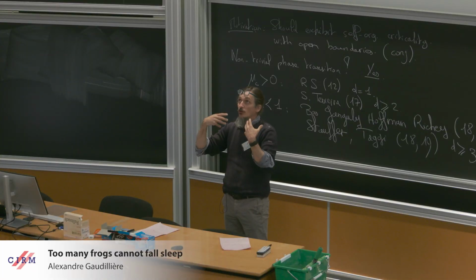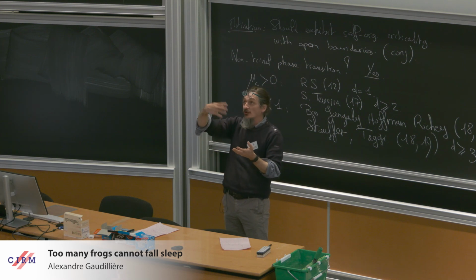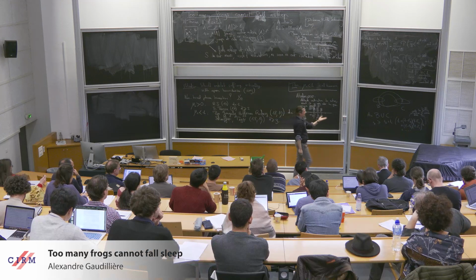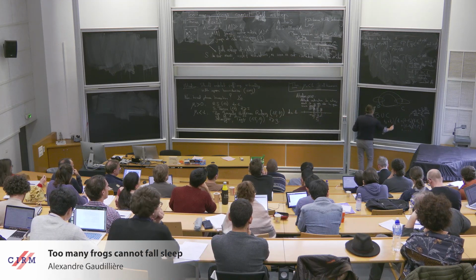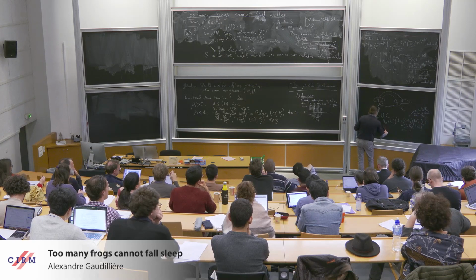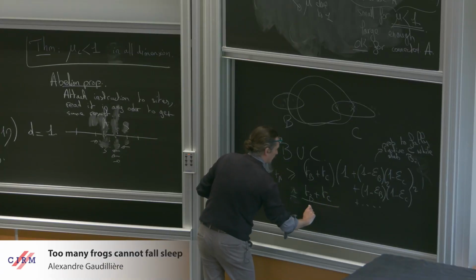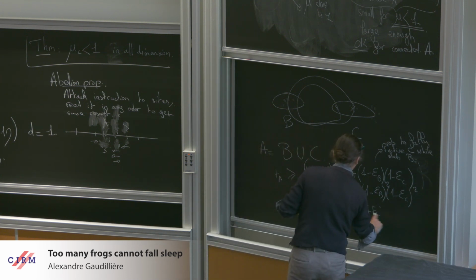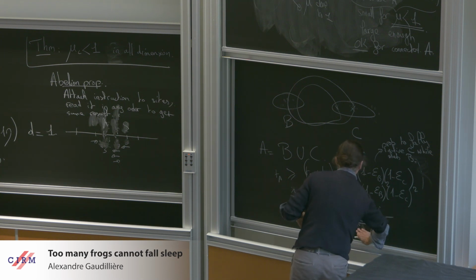And because you expect a geometric or exponential distribution for the stabilization time, this epsilon B plus epsilon C should be something like TB plus TC divided by 1 over epsilon B plus 1 over epsilon C, sorry, TB.